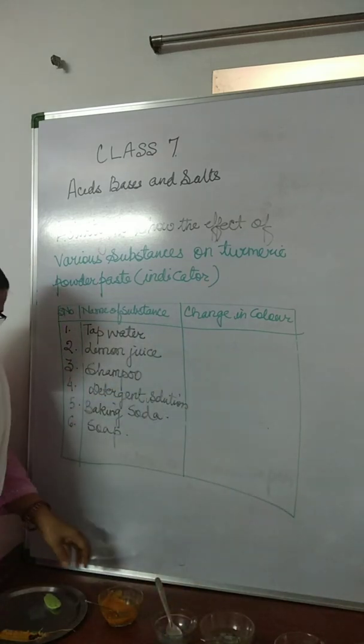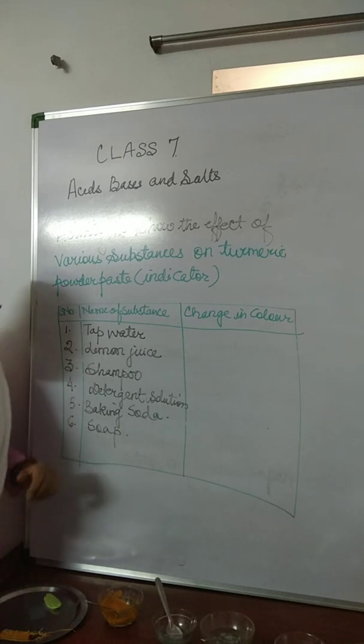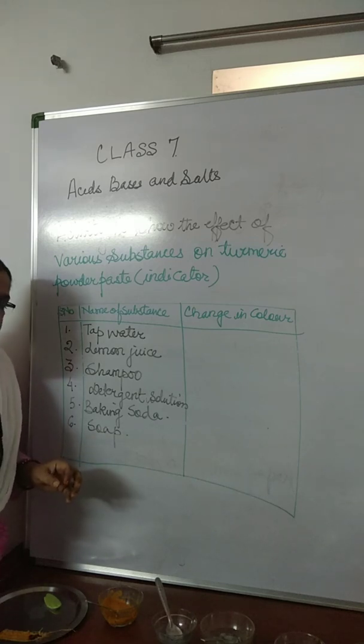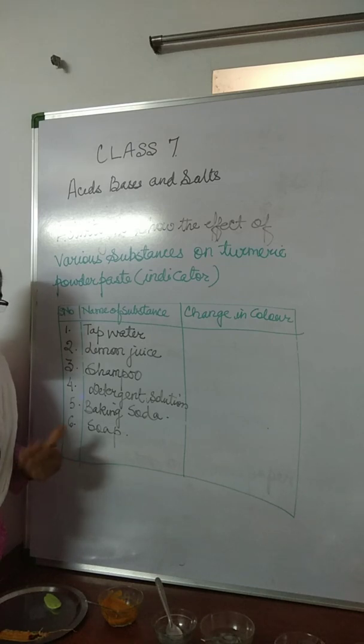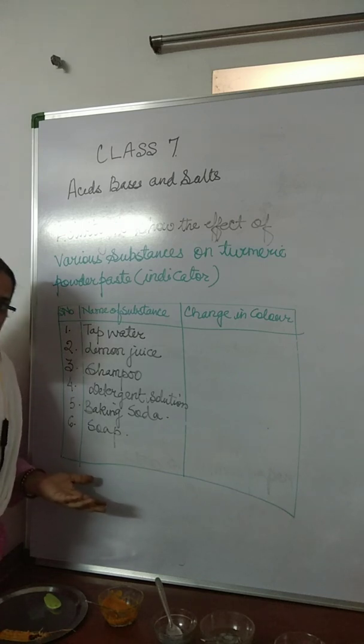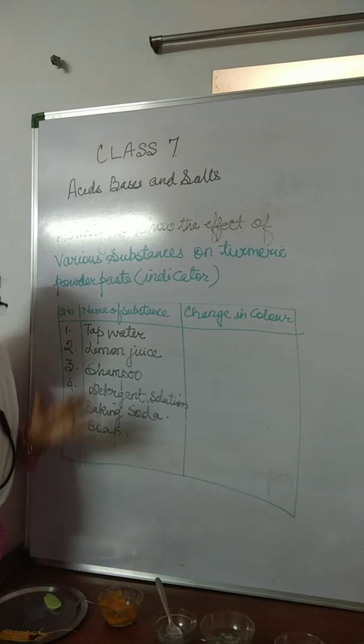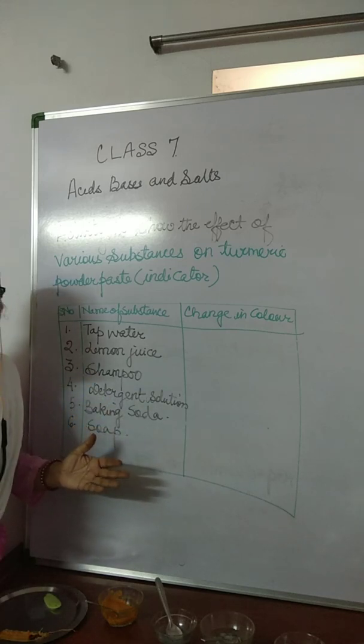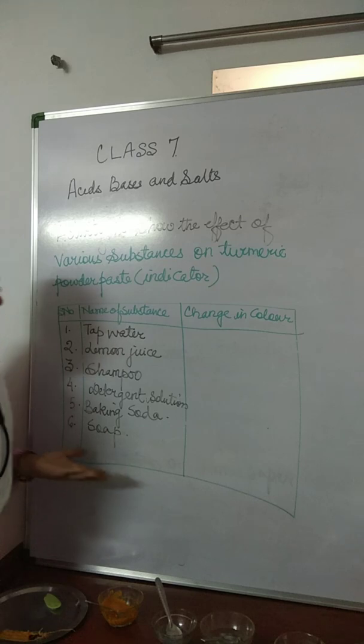Now, we will try to test whether the given substance is basic or acidic. Turmeric powder or paste changes to red or pink in color if it is a base.